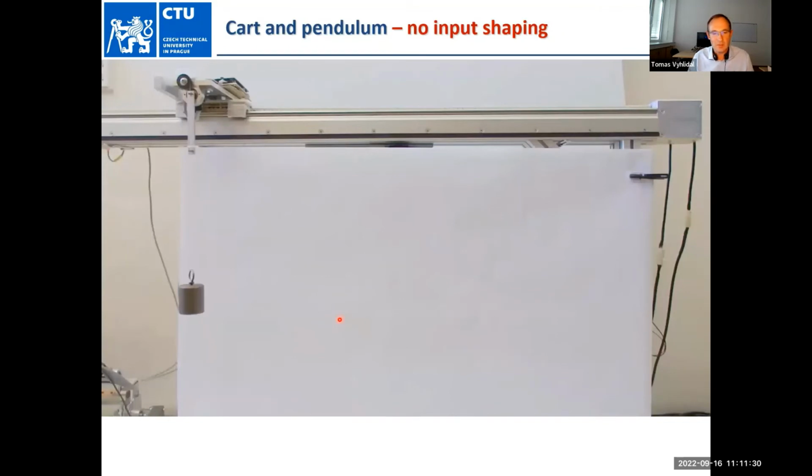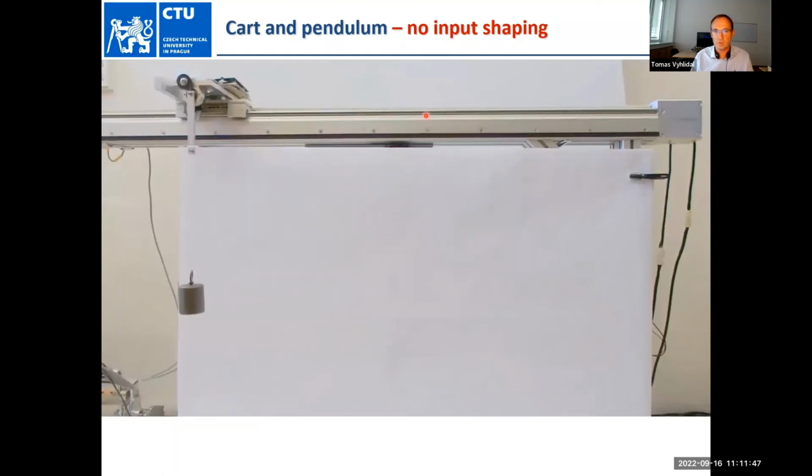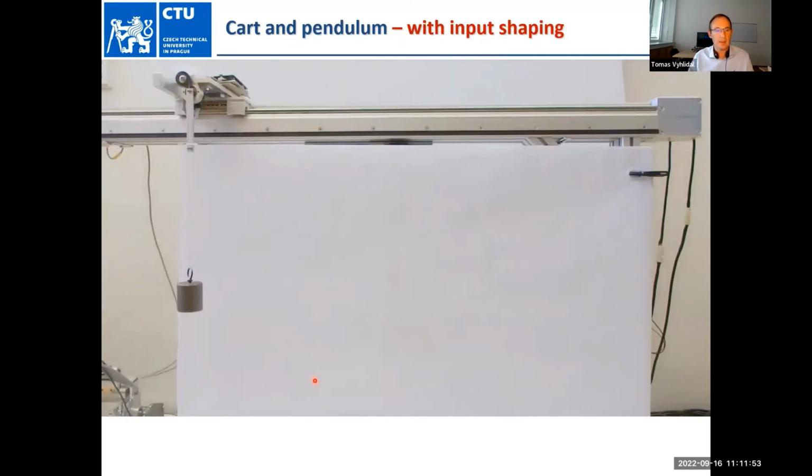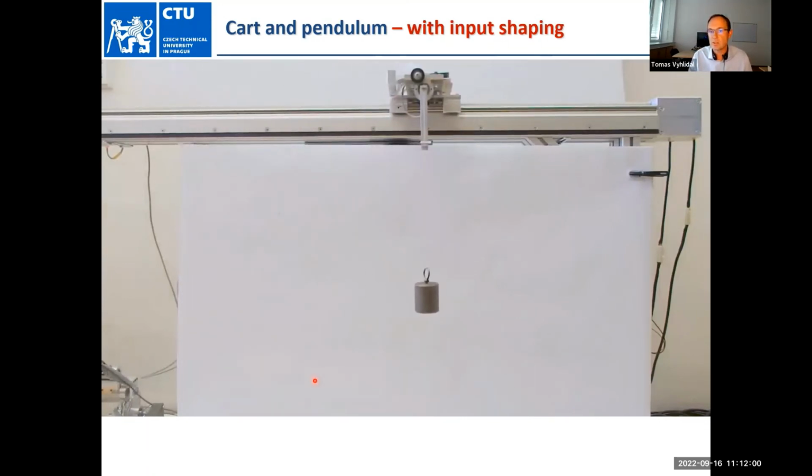So input shaping is a different problem. It's not vibration suppression, it's flexible mode compensation. It was shown here that if we have a cart with a suspended pendulum, and we move the cart from one position to the other, we have oscillations of the pendulum. To precompensate the oscillations, we can use input shapers.